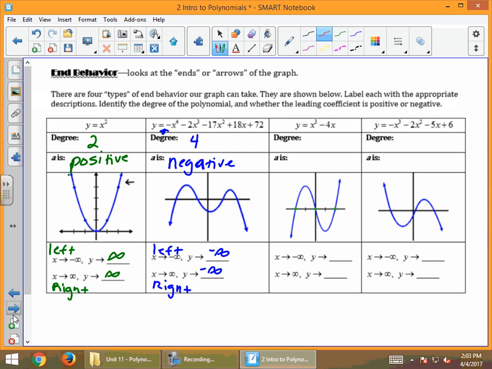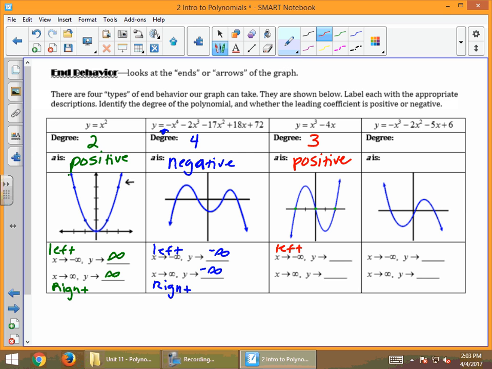So look at the next one. What's the degree of the next one? The degree is 3. And it's positive. So again, let's look at the left side of our graph. Where's it pointing towards?